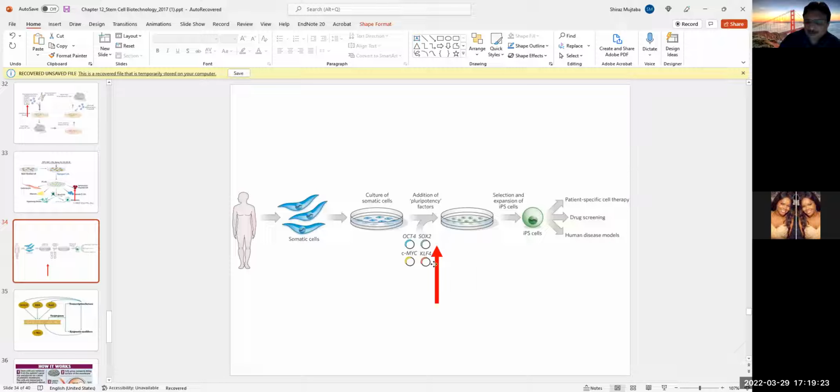For example, if you take these cells and insert these genes, and if these genes also express those 2 CD markers for leukemic stem cells, then these cells will develop into leukemic cells. And these leukemic cells could be used for developing new medicines.